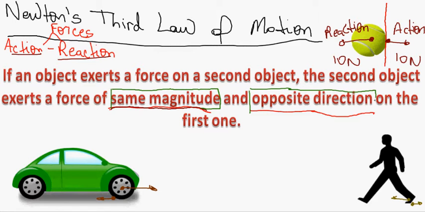Another important thing: the magnitude of the forces of action and reaction are the same, but not necessarily will they produce accelerations of the same magnitude, because the values of the forces are the same, but the accelerations not necessarily are, because the acceleration depends on the mass, as we saw in Newton's second law of motion.